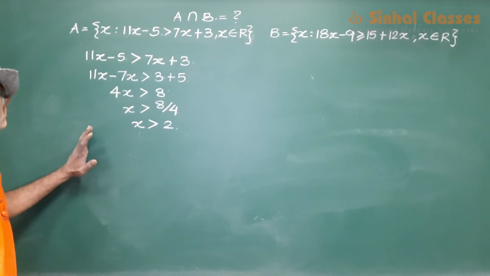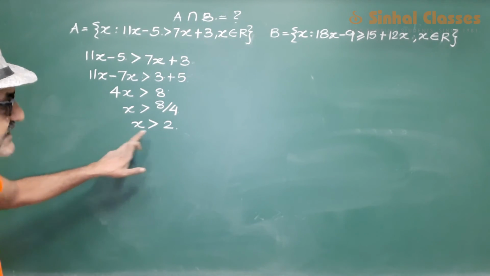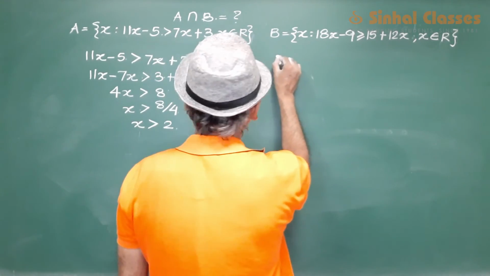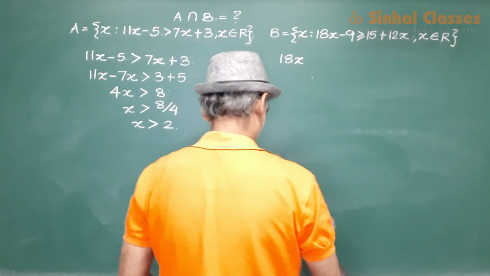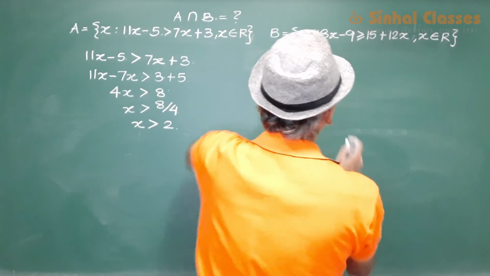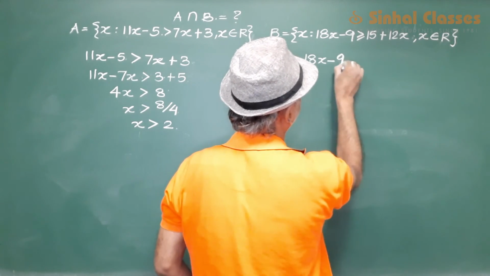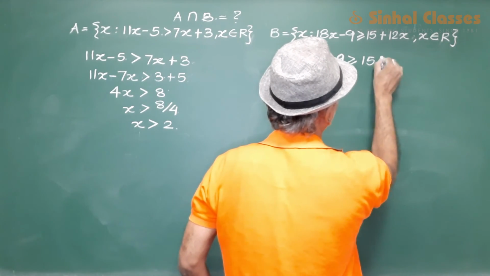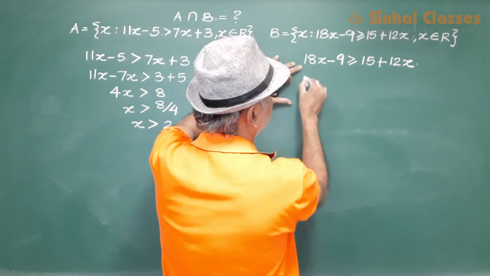This is your first solution for x, that is x is greater than 2. Let us come to the other side. 18x minus 9 greater than or equal to 15 plus 12x.